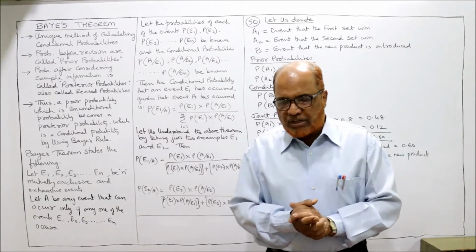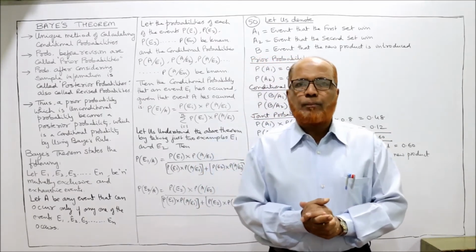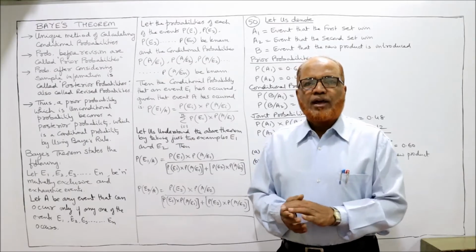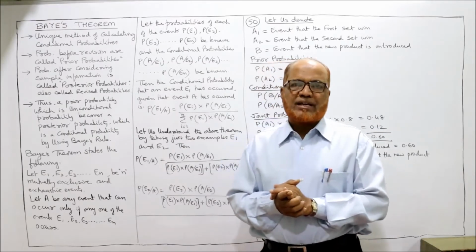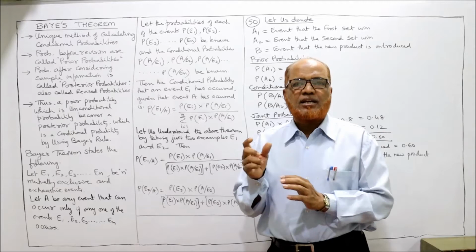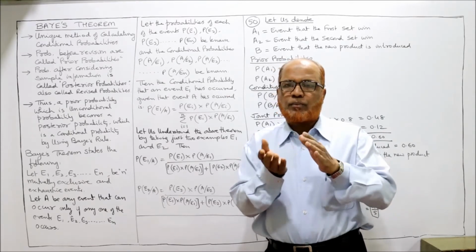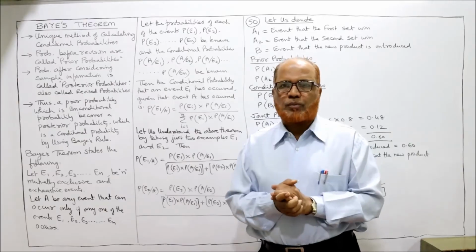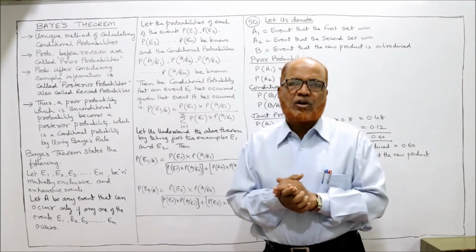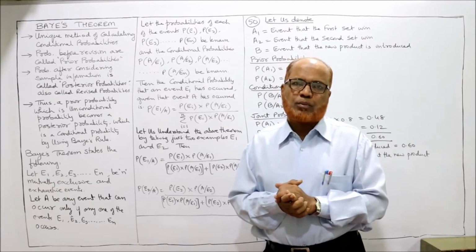Okay, so now we'll start the new topic called Bayes' theorem. A mathematician, Thomas Bayes, has developed a technique of converting the unconditional probability into conditional probability. It's a unique method of finding out the conditional probability.